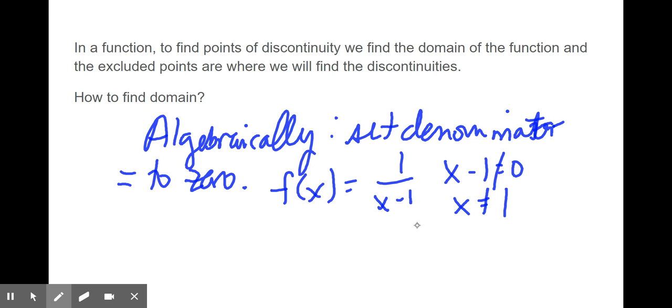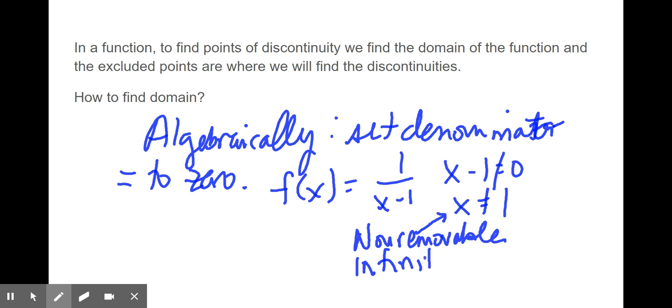It is a non-removable infinite discontinuity, because you cannot fix the problem with 1 over x minus 1. There's nothing that you can do to cancel the x minus 1 in the denominator.